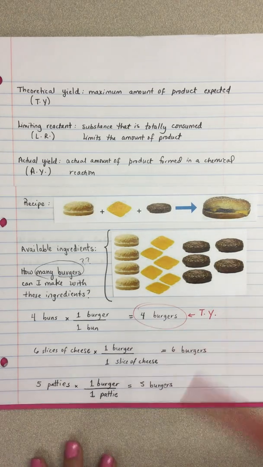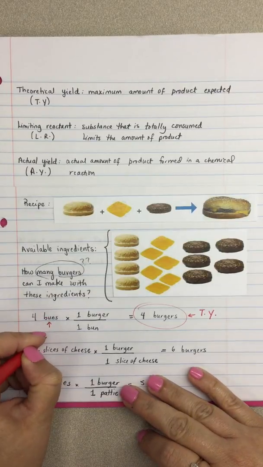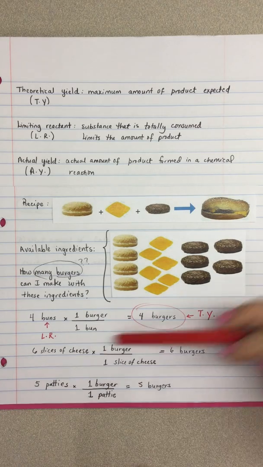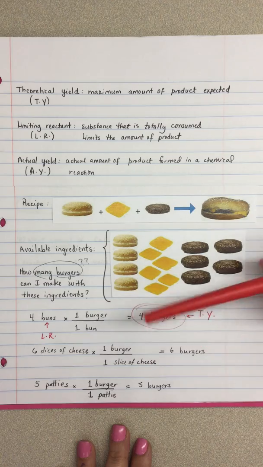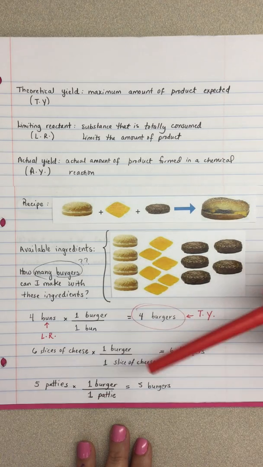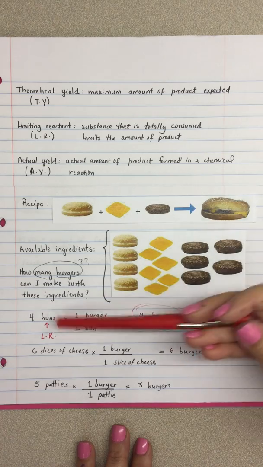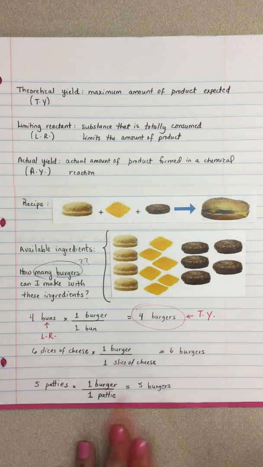You can get only 4 burgers because this one here is limiting the amount of burgers that you can get. You see, you have enough cheese to get 6, enough patties to get 5, but you don't have enough buns to prepare 6 or 5.